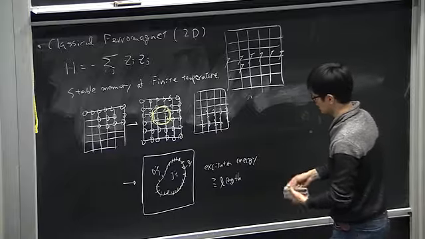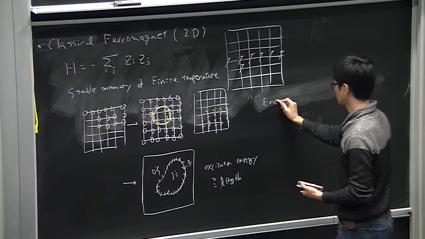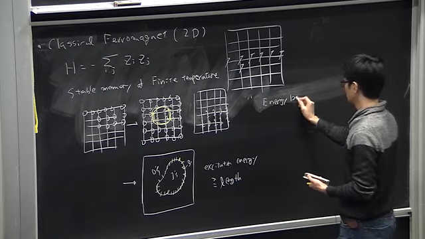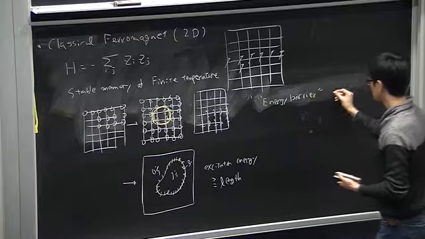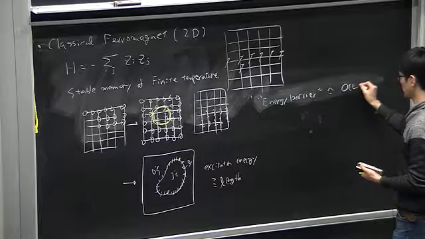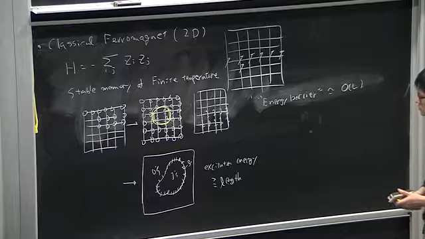This means that there is a kind of energy barrier which is order L, right?